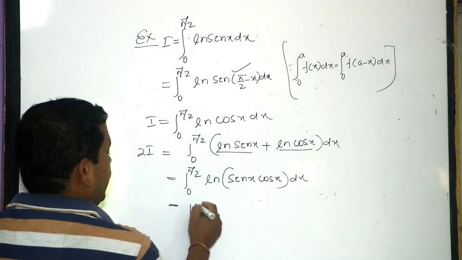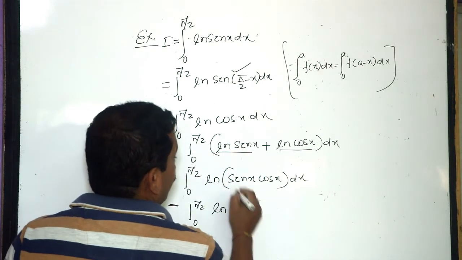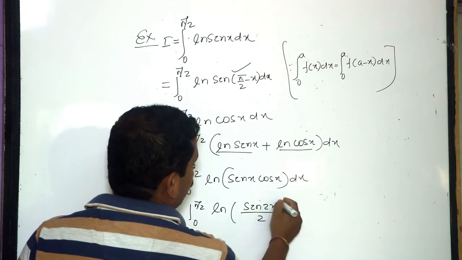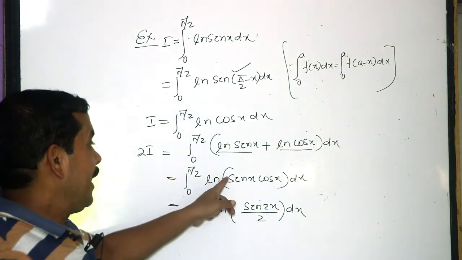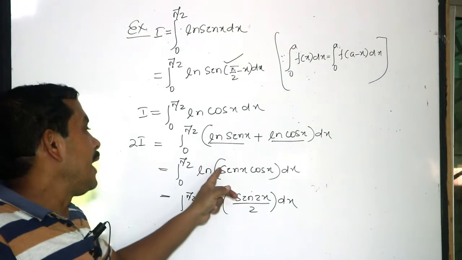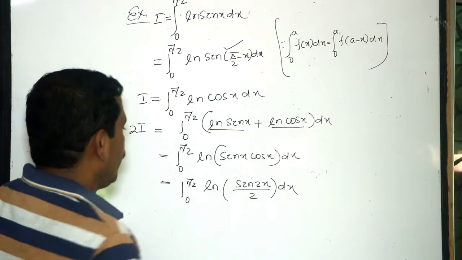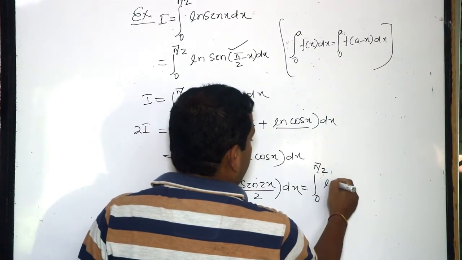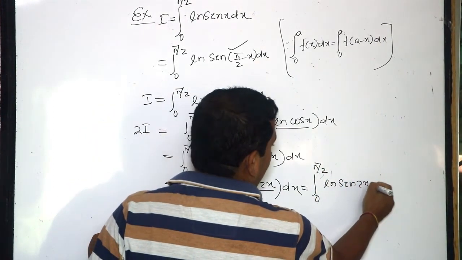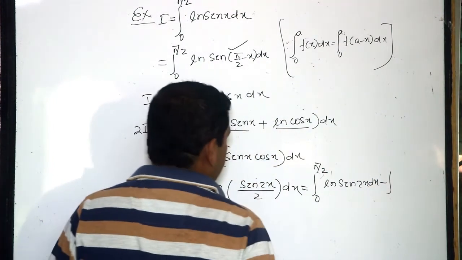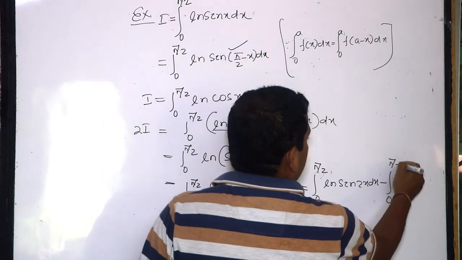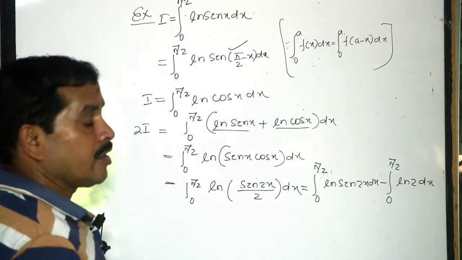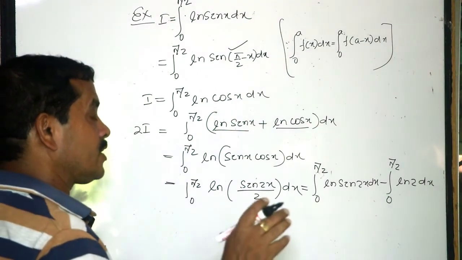Then integral 0 to pi by 2 of log, multiplying by 2 and dividing by 2, that will be sin 2x by 2 dx, which is equal to integral 0 to pi by 2 of log sin 2x dx, that is one, and another is integral 0 to pi by 2 of log 2 dx, because log a minus log b is log of a by b.